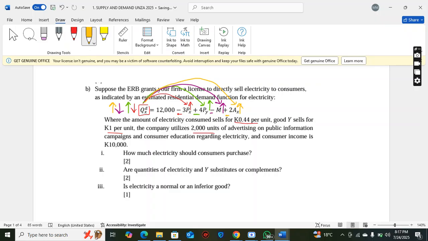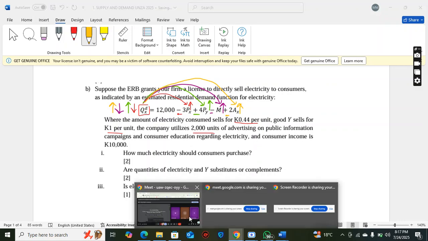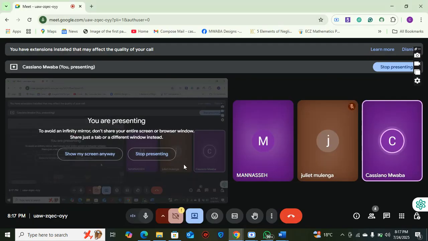Yes, there's a negative. So it's saying there's a negative relationship between income and quantity demanded of electricity. So if your income goes up, it means you start buying less electricity. If your income goes down, you buy more electricity.